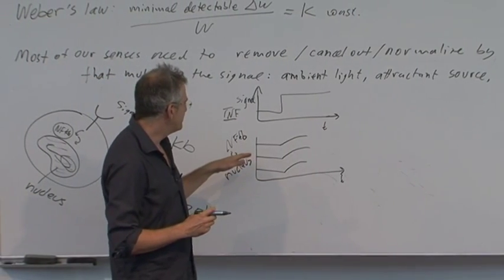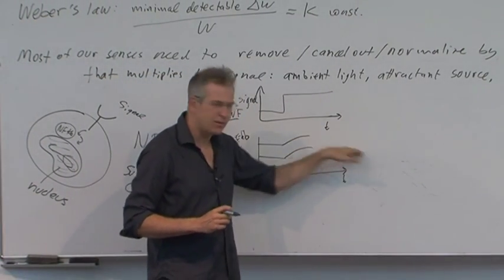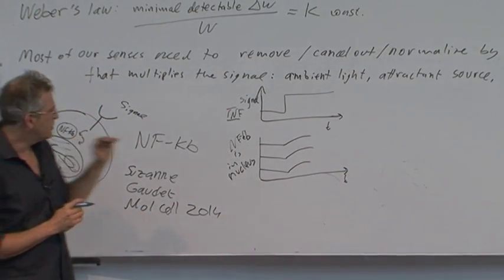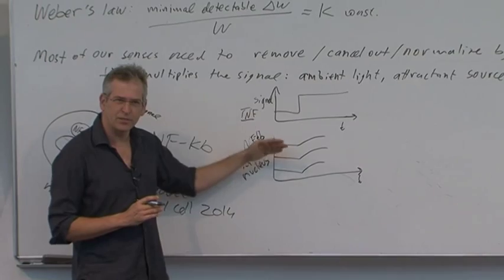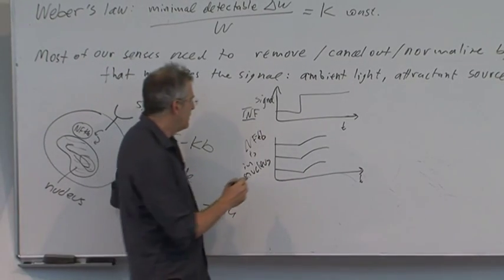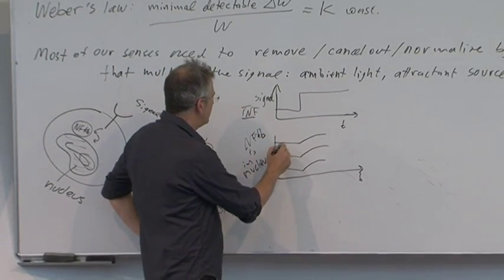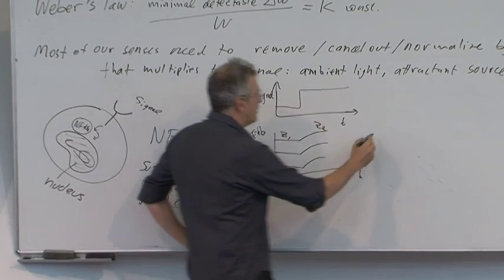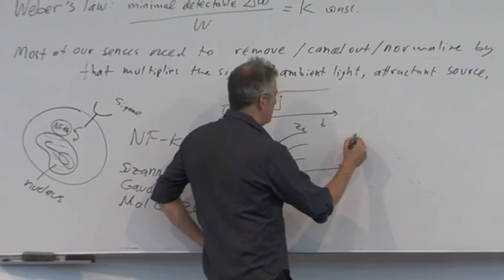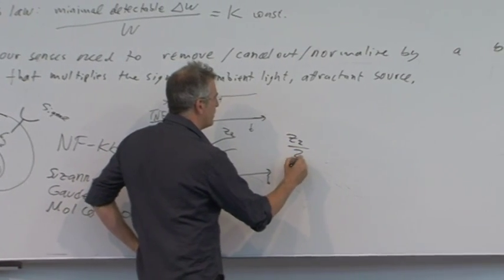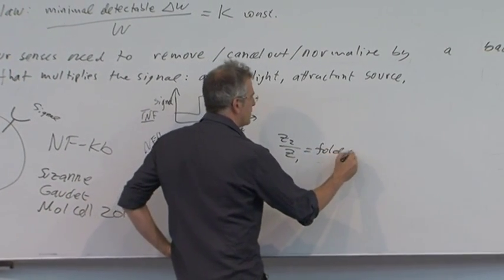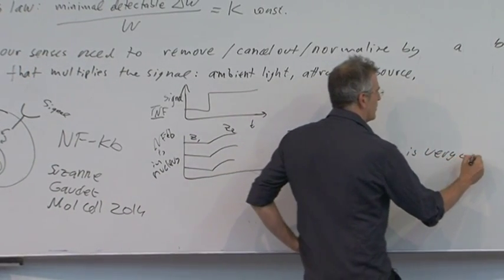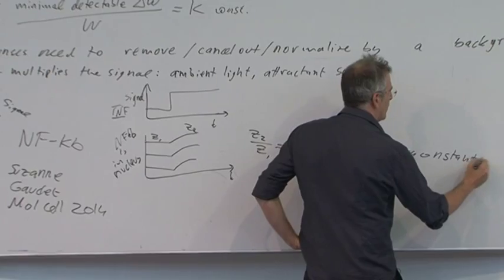And a lot of these systems also have exact adaptation. That's not important right now. And she asked, what's the most constant between cells? So if everything's changing between cells, what's the most constant? So if this is the level Z1 and Z2 in a certain cell, it's Z2 over Z1, which is the fold change, that is very constant between cells.